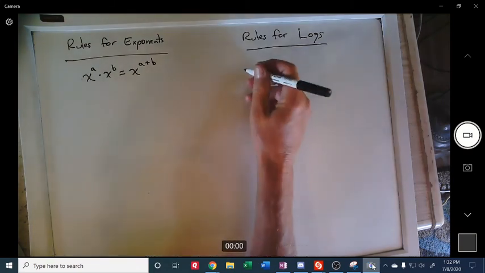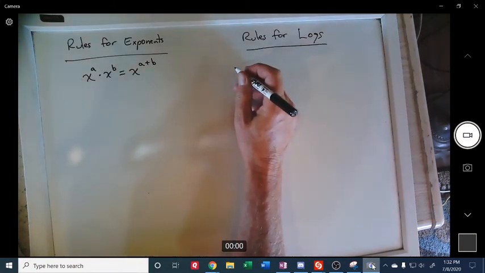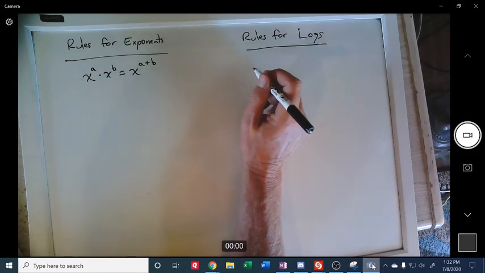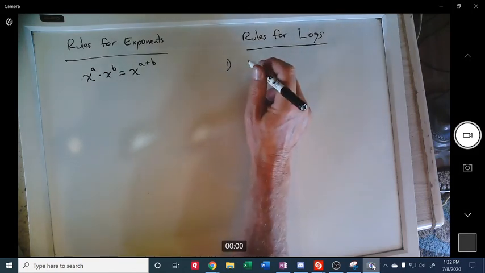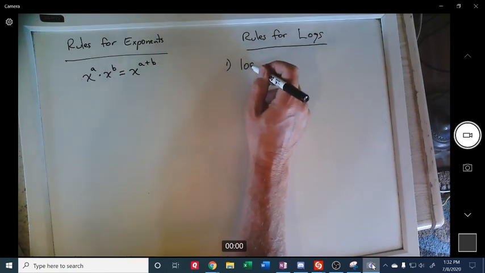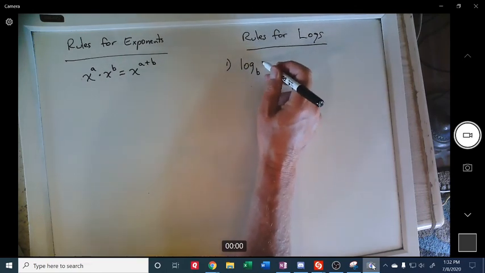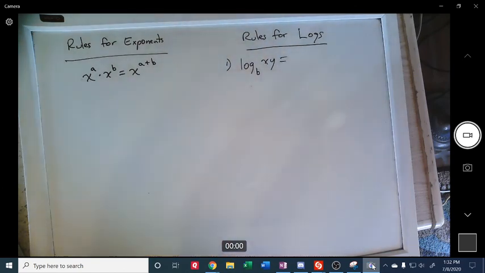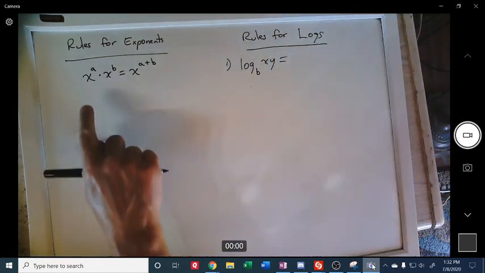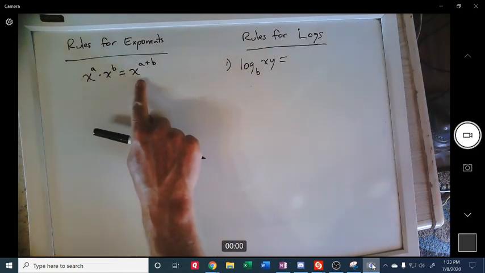And a similar thing happens in logarithms. Rule number 1 of logarithms is log base b of xy is, now that's one logarithm, just like this is one exponential function.